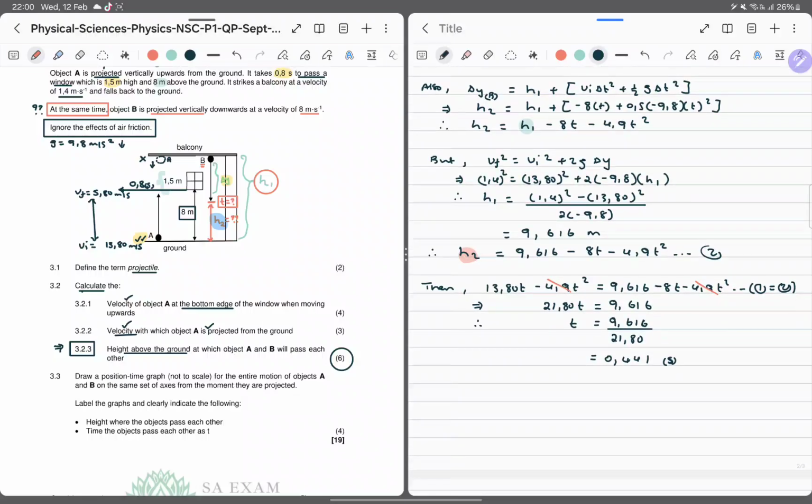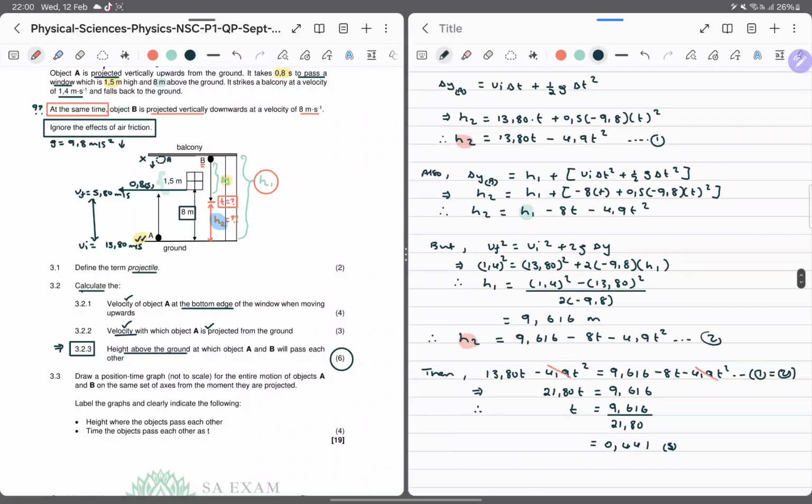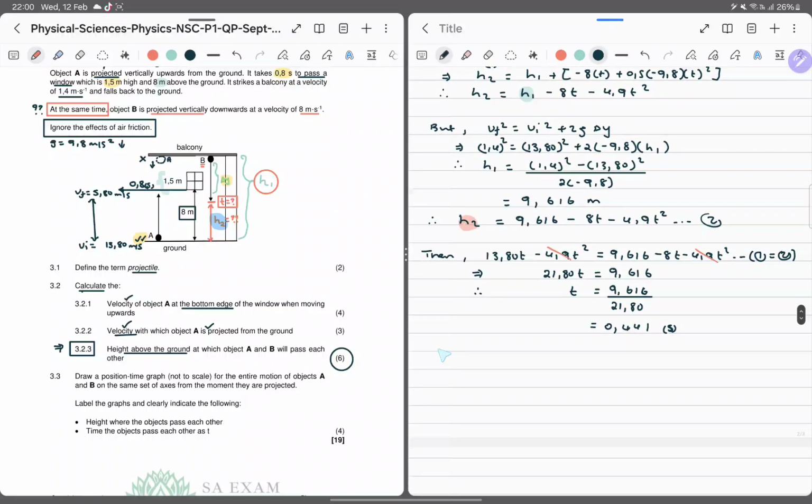So guys, once we know the time, we can then use any of the two equations to find the height. So we can say therefore h2 is going to be 13.80 into 0.441 minus 4.9 into 0.441 squared. I'm using equation 1.